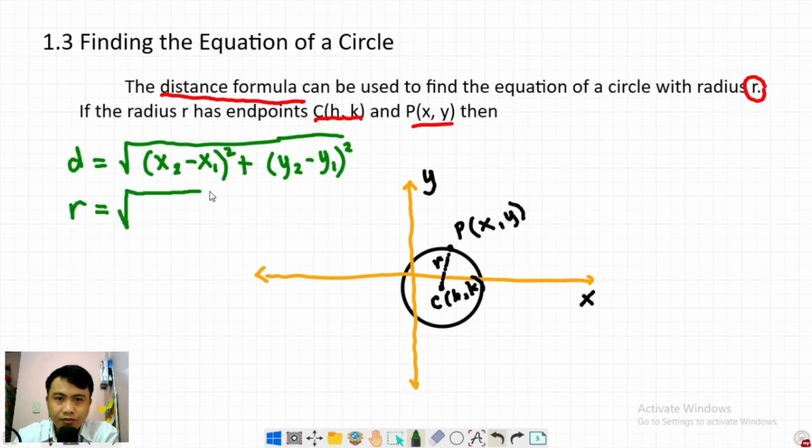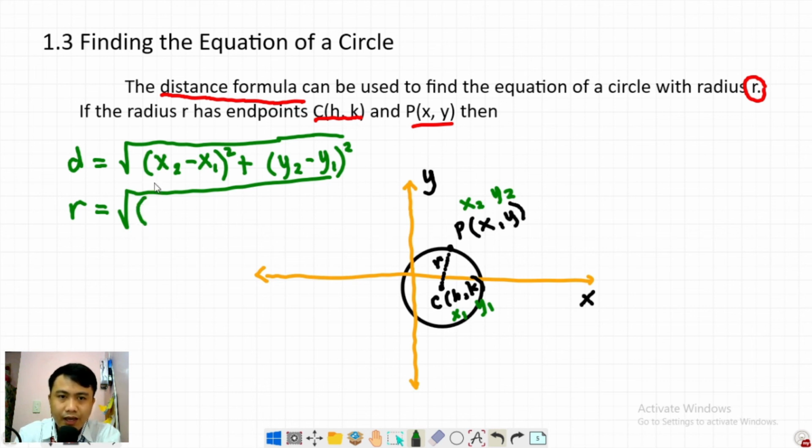Okay, so square root. So what is our x sub 2? So para hindi kayo malito, lagyan ko na lang. Suppose this is our x sub 1, this is our y sub 1, and this is our x sub 2, y sub 2. And we're just going to plug in those values dito sa ating formula.